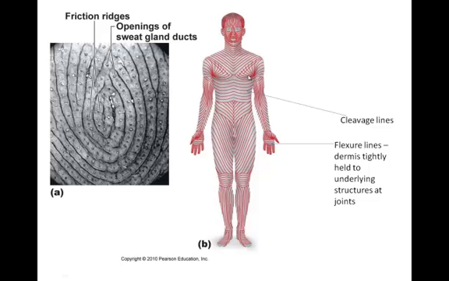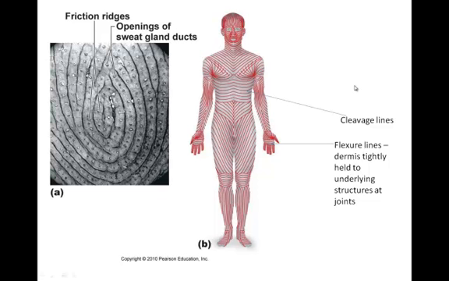Now what you see here, these are cleavage lines. All these red things are cleavage lines. They tend to run vertically in the limbs and horizontally in the trunk and in the neck. The cleavage lines are just how the collagen fibers run in the underlying dermis. And they tend to represent separations in those collagen fiber bundles in the reticular region of the dermis.